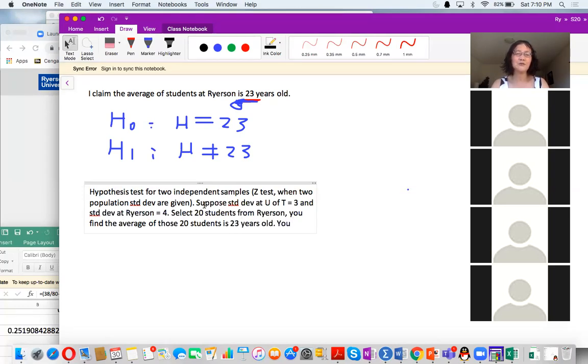And you randomly select 25 students from U of T, and the average age of those 25 students is 21 years old, just for example.